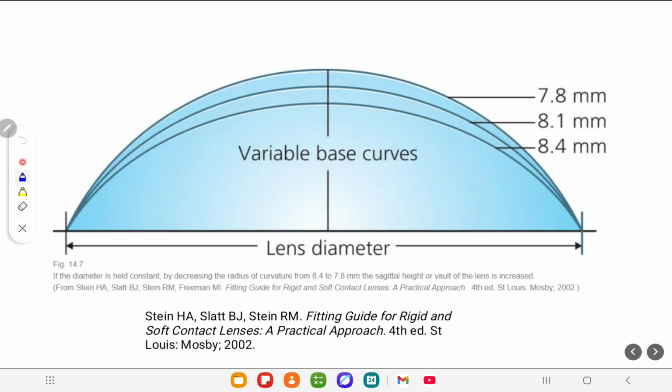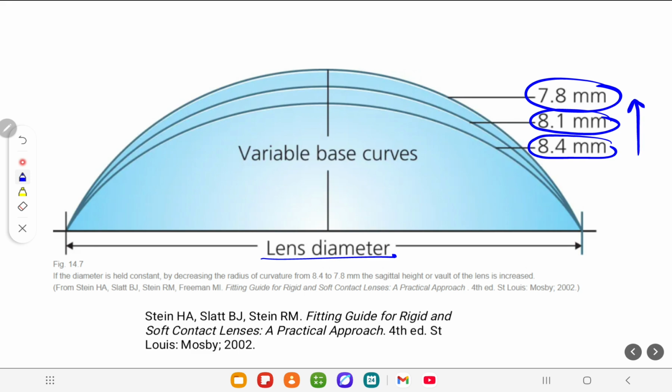A very important concept here, which I will come to later, is the concept of sagittal height. See, in this picture it's the same lens diameter. As you decrease the radius of curvature from 8.4 to 7.8, it means what?